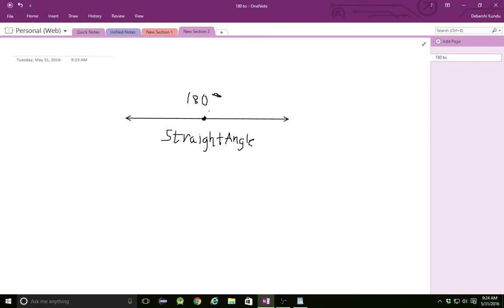And then the reflex angle is something greater than 180 but less than 360 degrees. This is an example of a reflex angle.